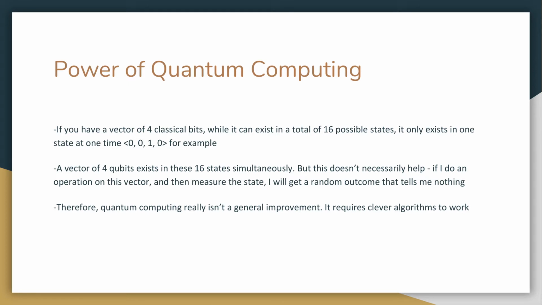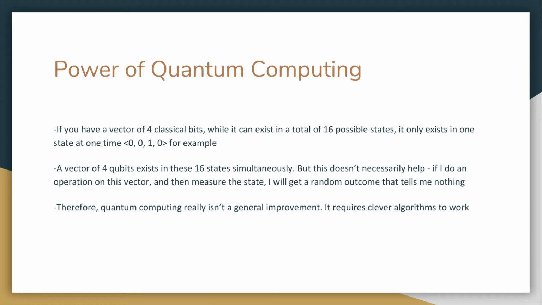If you have a vector of 4 qubits, which are all in superposition, then they are in these 16 states simultaneously. Because if you have 4 qubits with 4 electrons in superposition, it could be 1, 0, 0, 0, it could be 1, 1, 0, 0, etc. But a lot of the popular media stops at this point, and they say, okay, that's how you get the power.